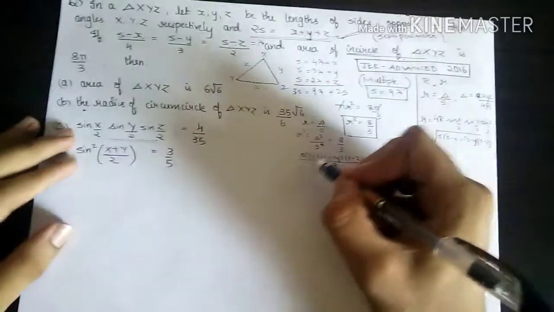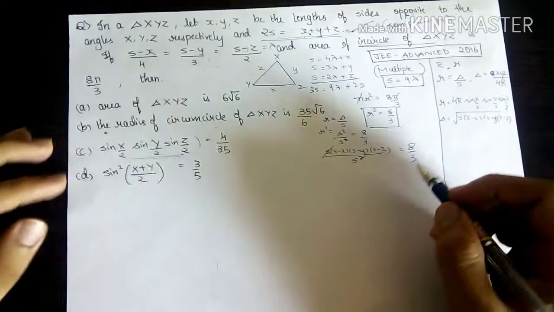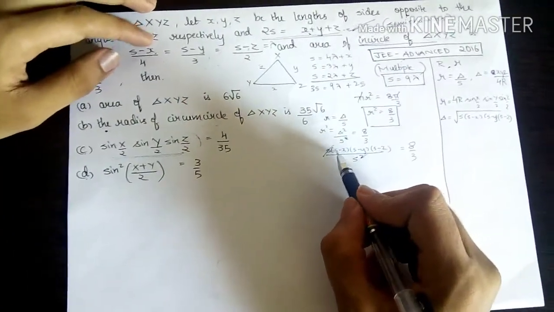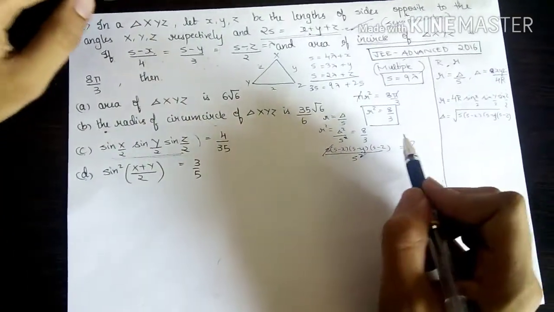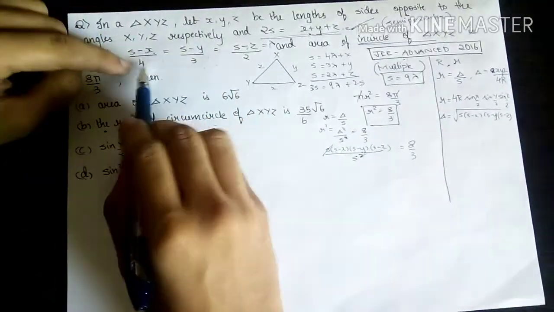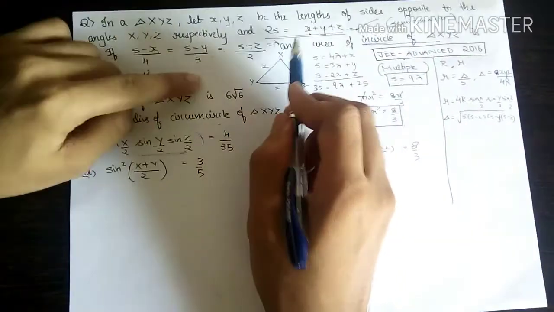Now one of the s cancels, and we also know the values of s minus x, s minus y, s minus z, because they are given to us: 4 lambda, 3 lambda, 2 lambda.